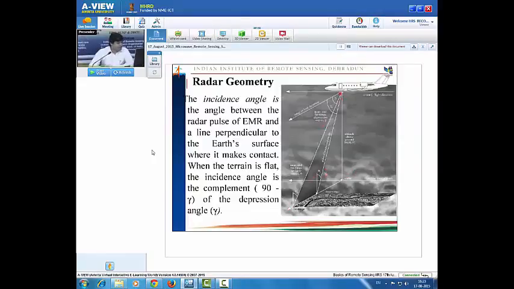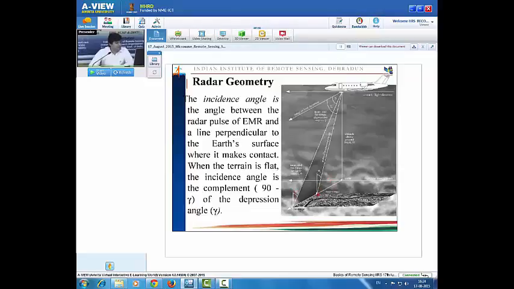Similarly, now we are going to talk about the angle of incidence. The angle of incidence is the angle between the transmitted electromagnetic pulse and a perpendicular drawn to the point of contact. So the angle between this perpendicular at the point of incidence and the incident electromagnetic pulse represents the angle of incidence.